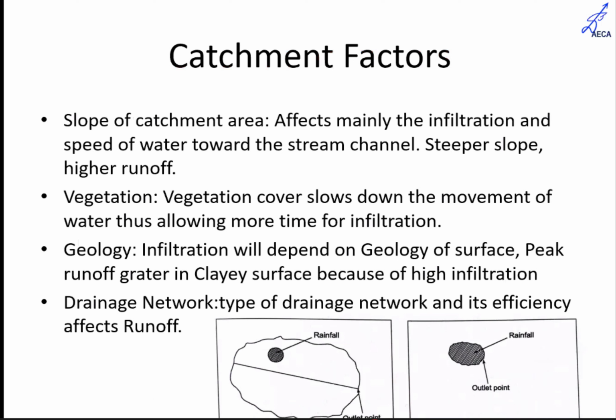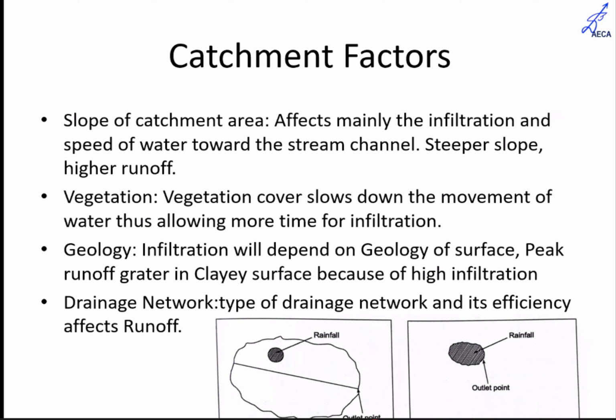Now, catchment factors which affect the overall estimate of the discharge include the slope of the catchment area. The steeper the slope, the higher the runoff. Then vegetation: the vegetation will slow down the runoff and give more time for infiltration into the soil.